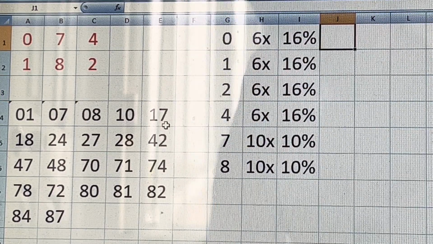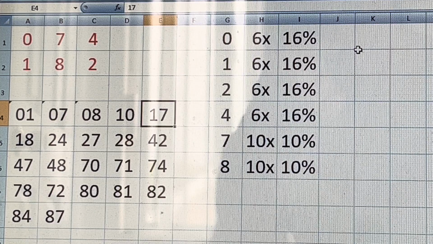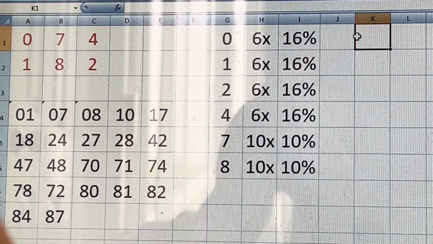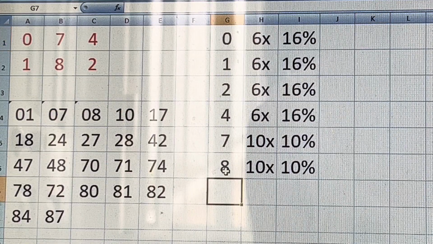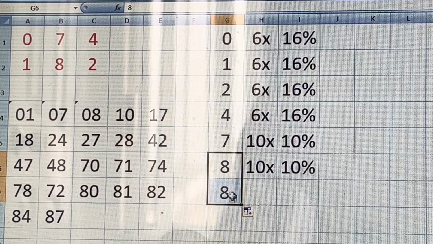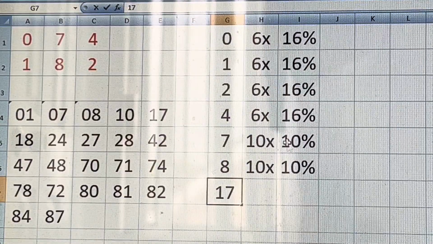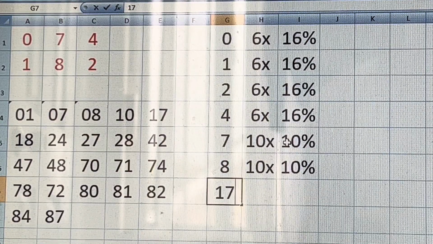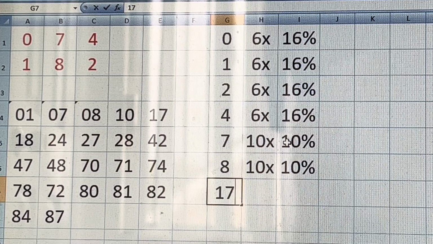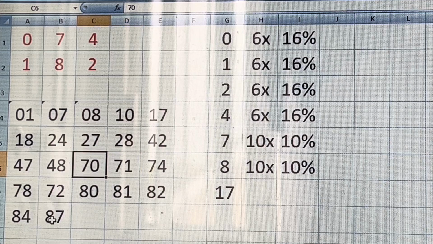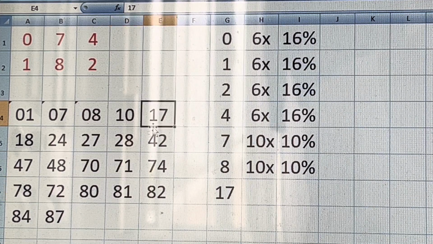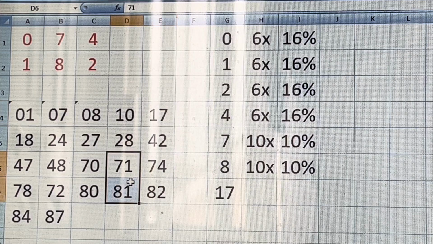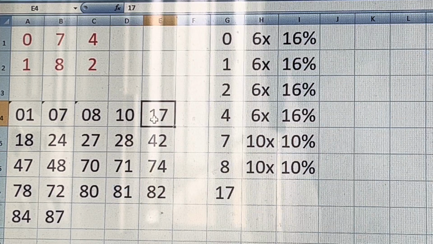Now if I want to pick a 17, I won't have 16% of picking the 17, that are associated with the digit 1, if only 6 of these digits are inside the hat only.